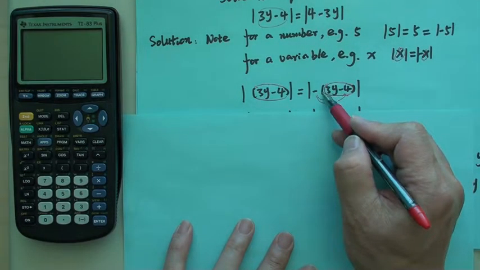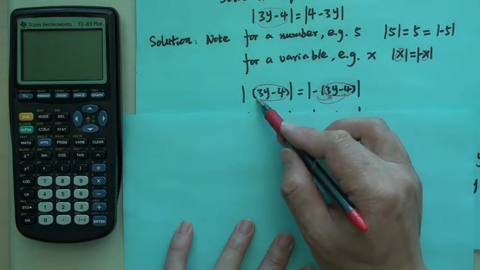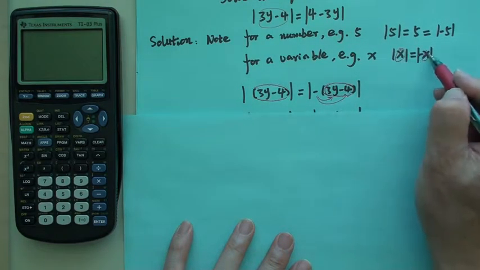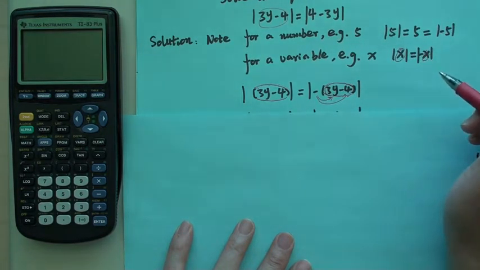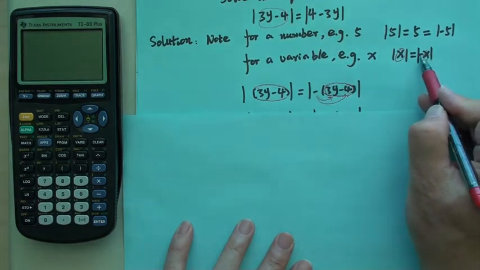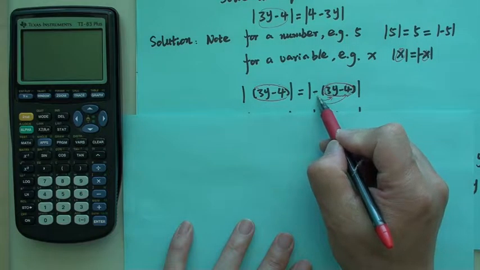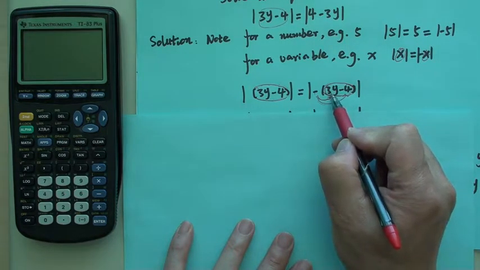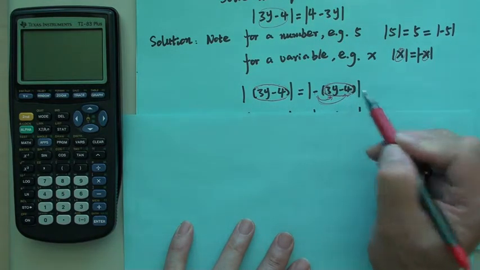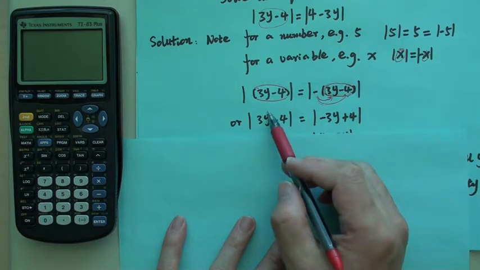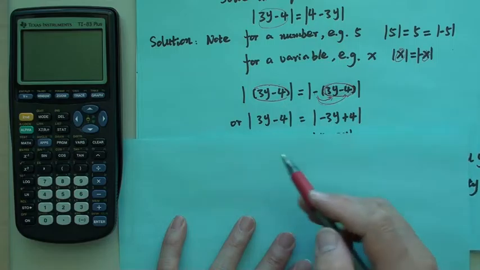So this 3y minus 4 is like an x. And then negative. Now, you can do the distributive property to each term inside this quantity. The left-hand side, you keep it, that's the same.